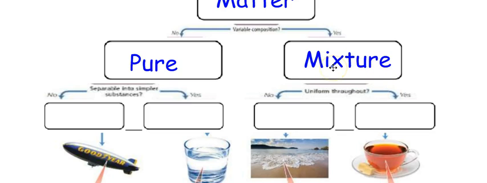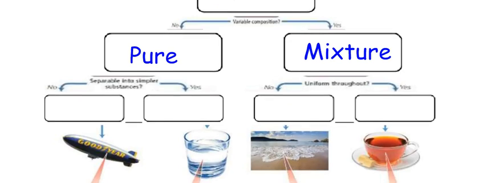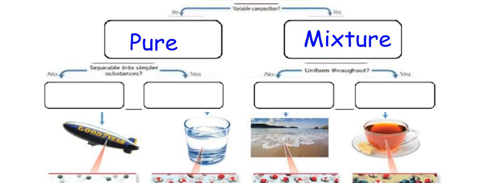So if you make your sugar and your cinnamon for your yummy cookies, you can add more sugar whenever you want and less cinnamon. It has a variable composition. Pure substance, you can't say that. Then you can break these down further. An element cannot be broken down into simpler substances, but a compound can.